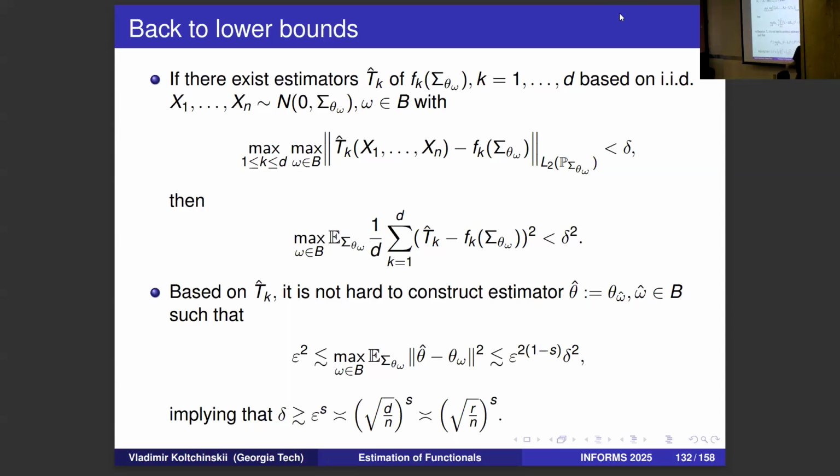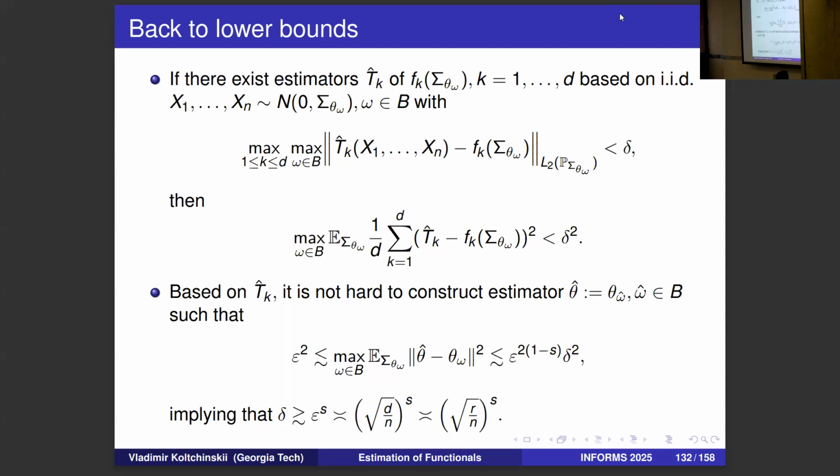For this estimator, using these bounds on the distances that you described, you will get an upper bound of this order, but we have also a minimax lower bound of this order. If you compare these bounds, you will figure out that delta should be larger than epsilon to the power s.